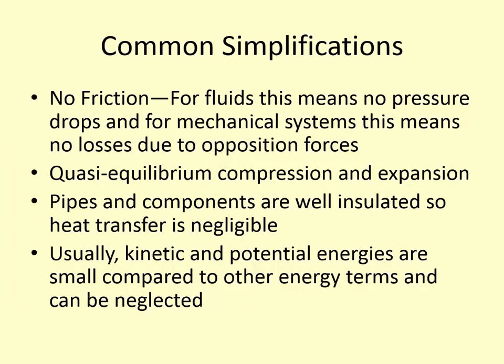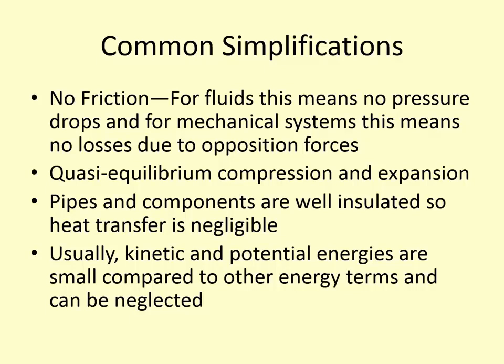So some common simplifications that we make in order to do this: the big one is that we assume there's no friction. This can mean no pressure drops if you're talking about friction from fluids flowing through a pipe, but for mechanical systems it means there's no losses due to those forces that rub together, those oppositional forces, which, if there's no loss due to friction, means we're not generating heat, which means we're not generating entropy, right?